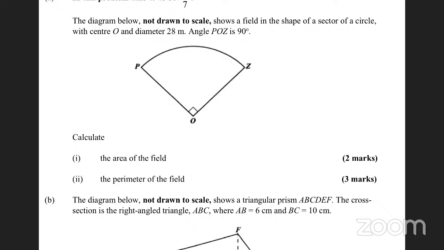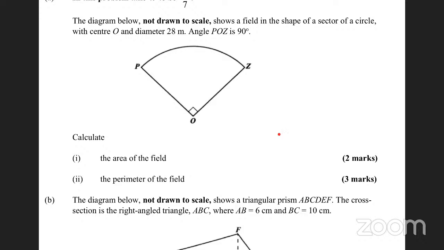All right, ready? So let's see if we can break this down. The diagram, not drawn to scale, shows a field in the shape of a sector of a circle. So it's part of a circle. Once you see sector, it means a part of a circle, right? Center O, diameter 28. So the radius is how much?